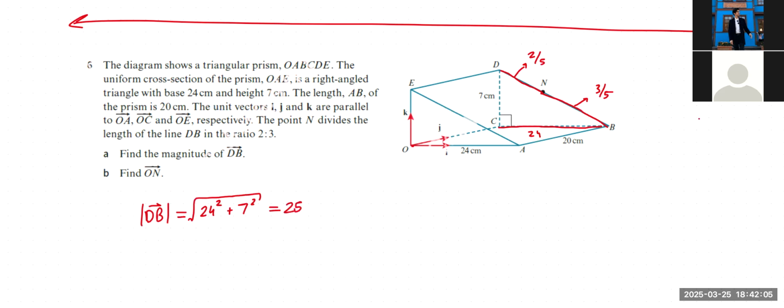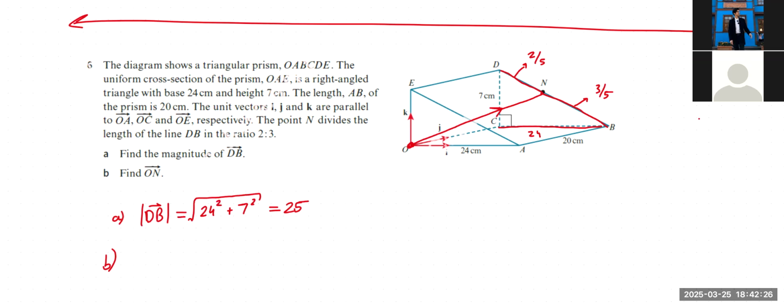Now, the reason they ask you to do this is because later they're going to say, can you find the vector that connects O to N? So we want to find out what this vector is. Basically we need to go from O to N without going through ON.